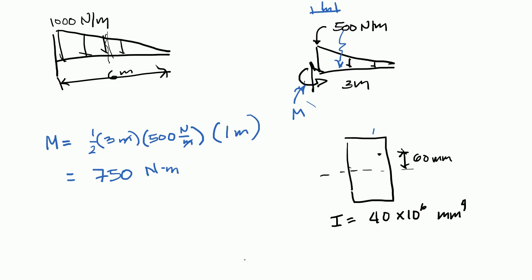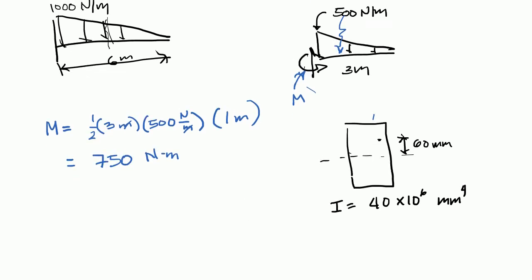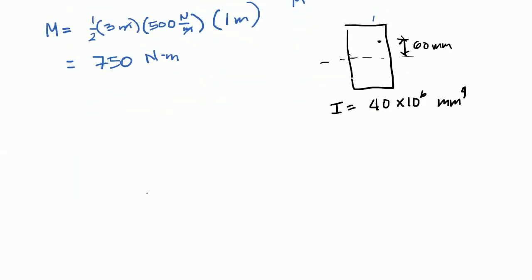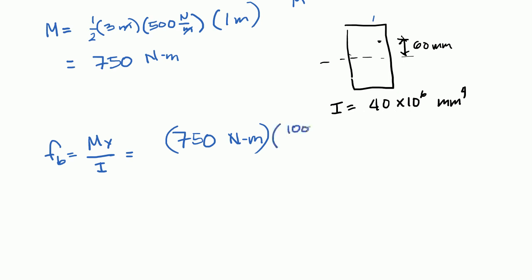Actually, pwede mo nang gamitin yung formula natin for flexure stress. And yung formula na yon, remember, that's F sub B equals My over I. Okay? So, M, 750 Newton meter times, convert mo ng millimeter, since millimeter yung Y, saka yung I. This is 1,000 millimeters is to 1 meter.